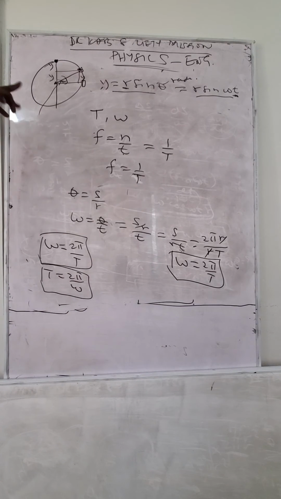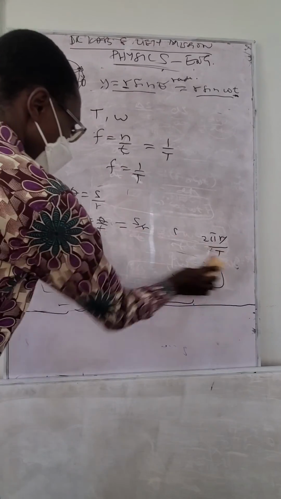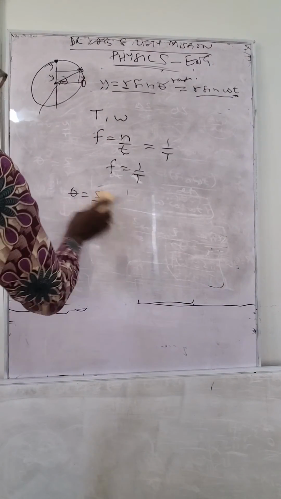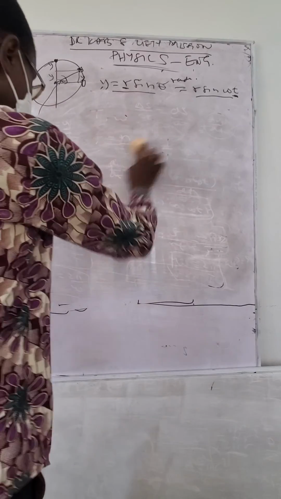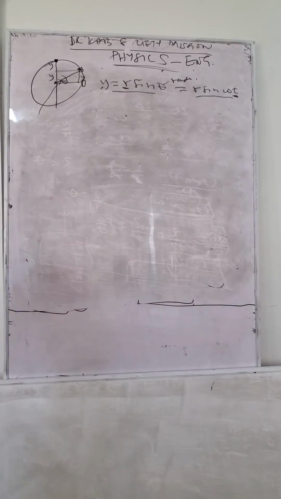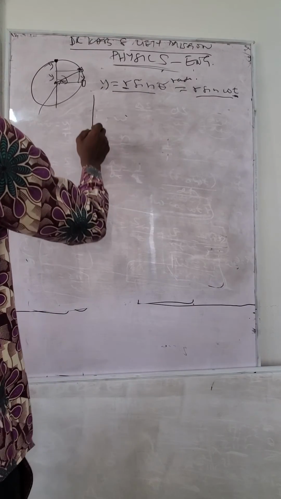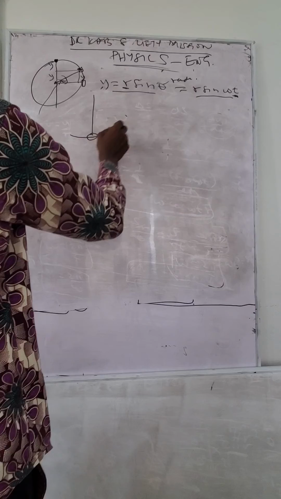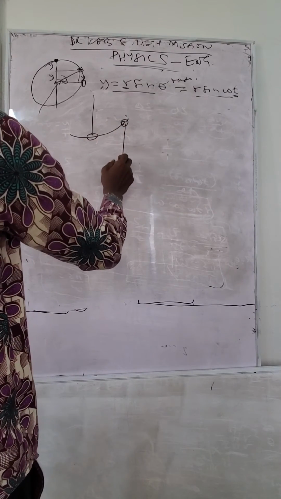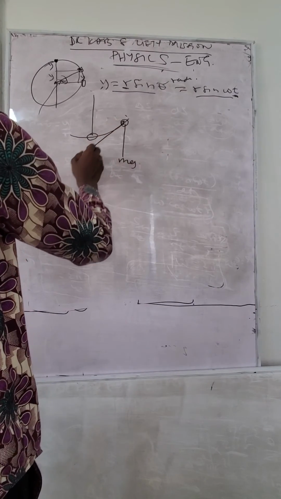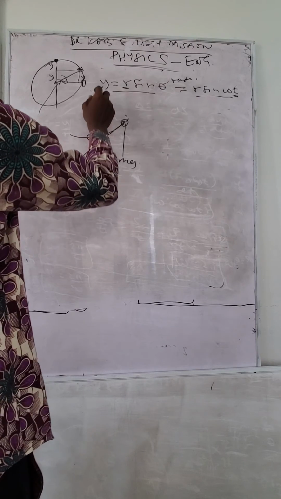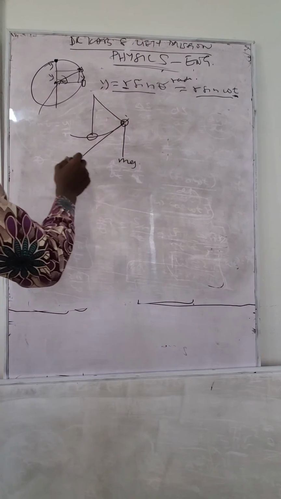Now let's see how we can find the period for this kind of equation. Let's assume our pendulum, it moves, that's mg, this distance is here.